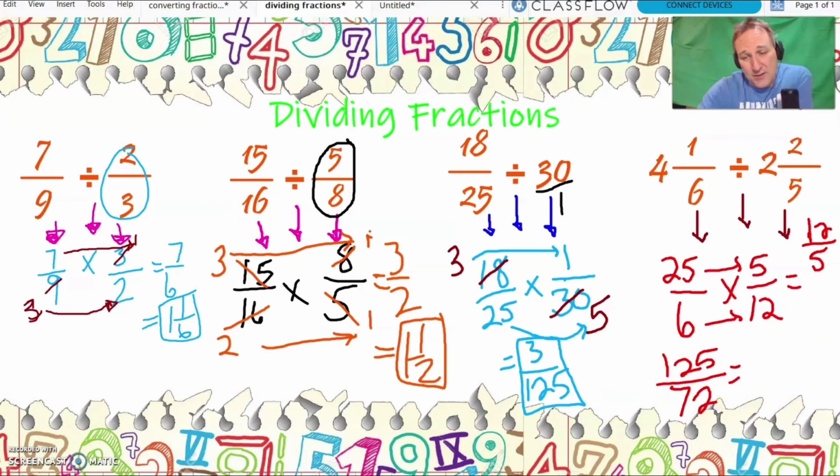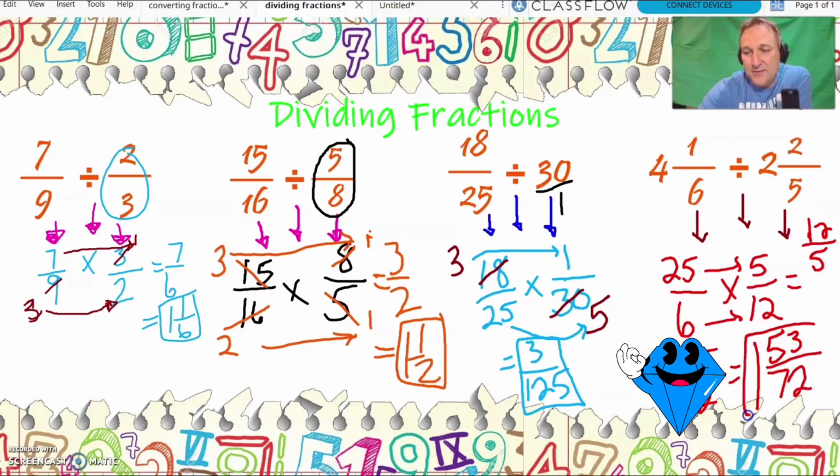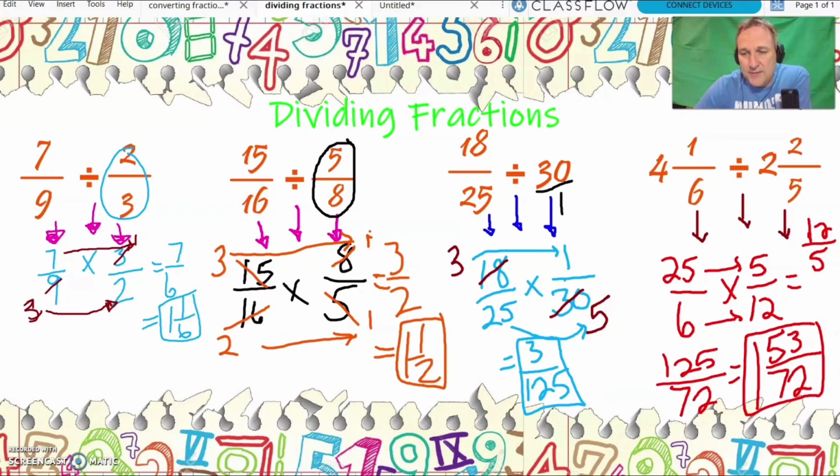And then this one's really funky, but if you multiply it out, 72 goes into 125 only once, and then we'll take 125 minus 72, end up with 53 over 72. This one's kind of an uglier problem, but I mean doable, I would say. So that's dividing fractions.